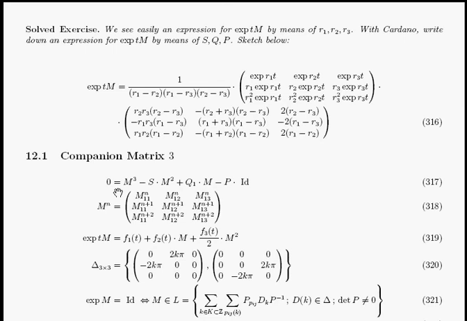First, if S is a number, Q1 is a number, P is a number, and M is 3 by 3, the companion matrix is the solution of this cubic times identity equals to 0.